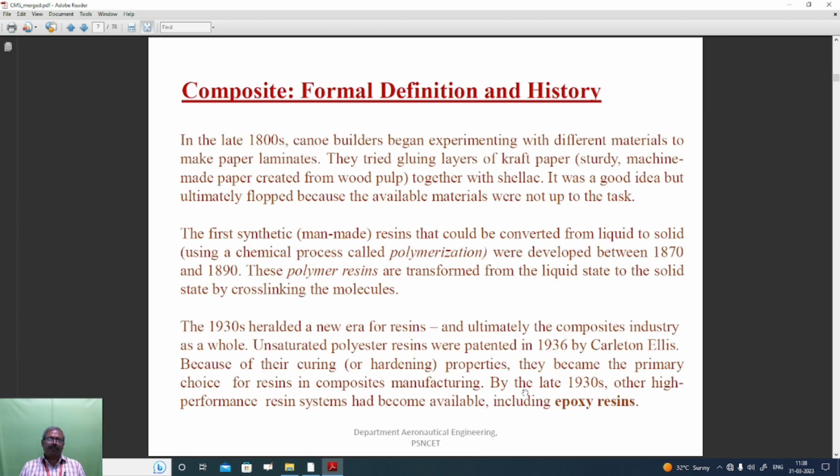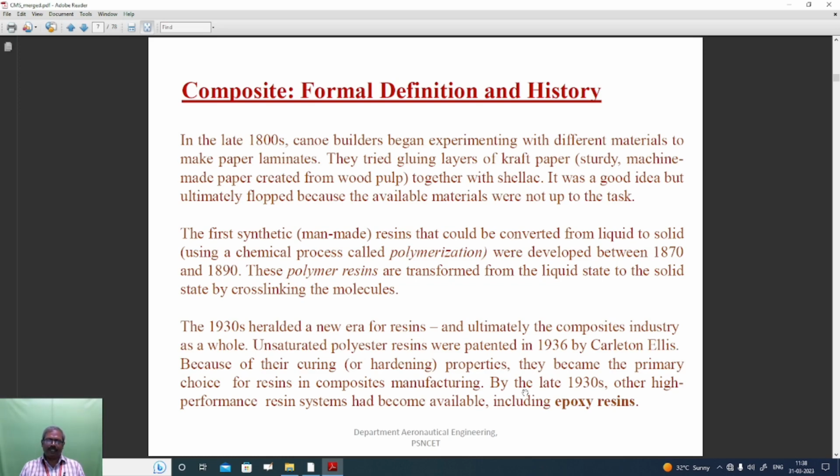In the late 1800s, cannon builders began experimenting with different materials to make proper laminates. They tried gluing layers of kraft paper together with shellac. It was a good idea, but ultimately flopped because the available materials were not up to the task.